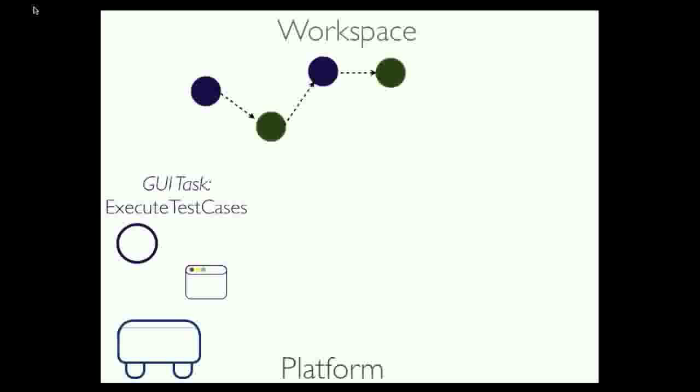We know that a user may want to customize these GUI tasks. For example, in different executions of the same task, a user may want to select different classes because he wants to run those activities on different selections. And so Mesh automatically identifies what could be the customizable inputs.